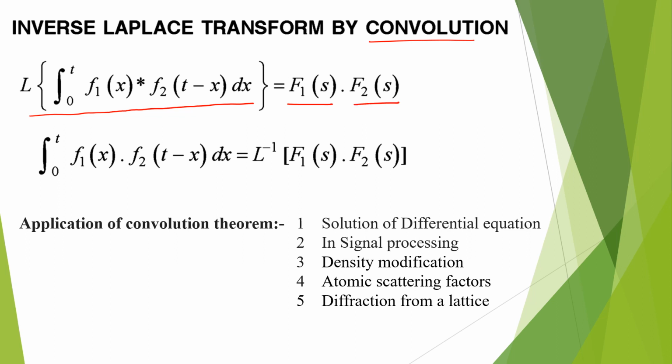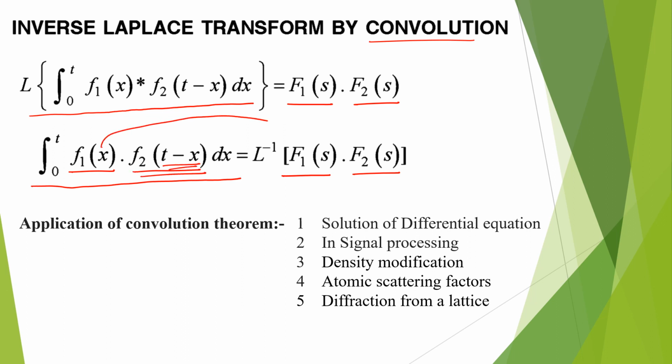But we are using the convolution theorem in the inverse, so for us, the convolution theorem is: for two functions in product, F1(s) and F2(s), the Laplace inverse of this is equal to the integration from 0 to t of f1(x) and f2(t minus x).